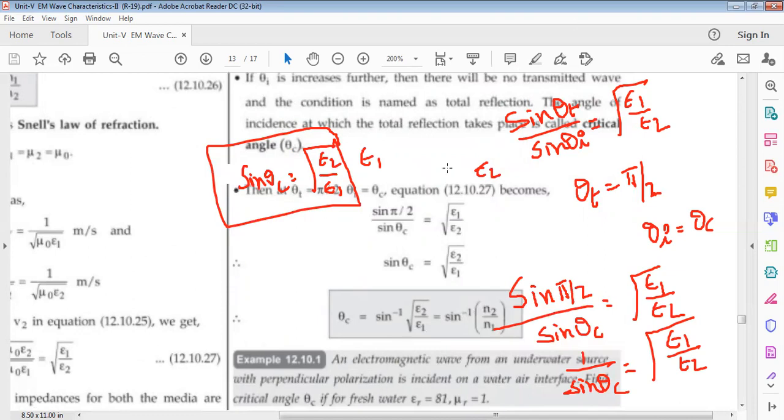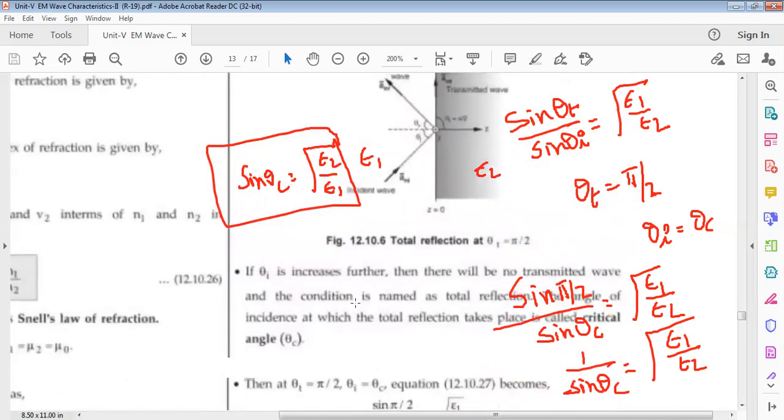Total reflection. When theta I increases further, there will be no transmitted wave, and the condition is named total reflection.